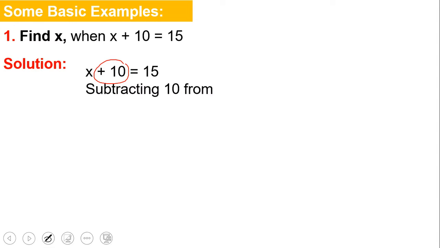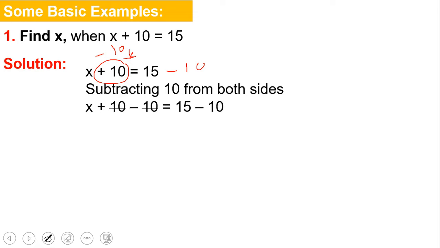So x plus 10 minus 10 equals 15 minus 10. Now plus 10 minus 10 cancel, and 15 minus 10 is 5. So you will get x is equal to 5. That is the answer.